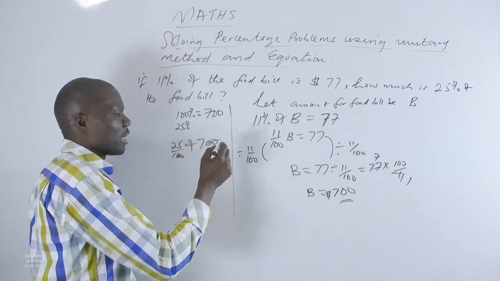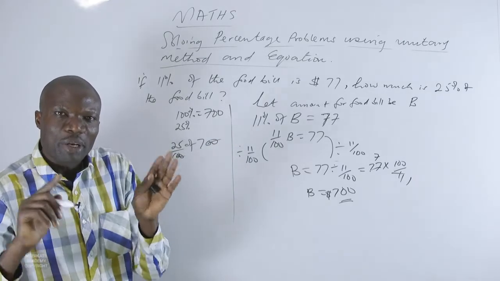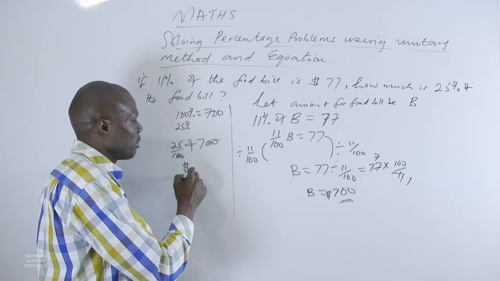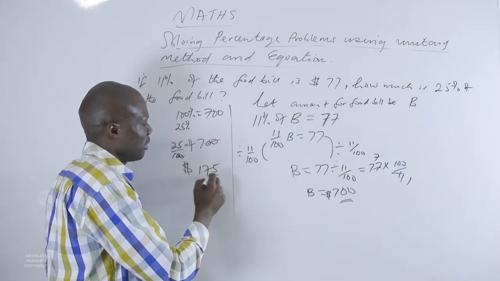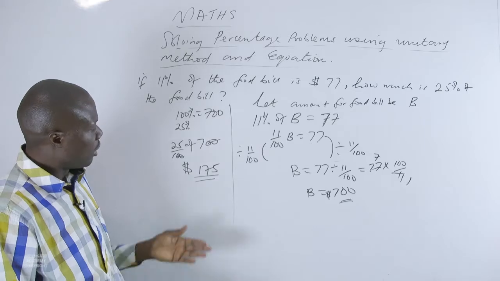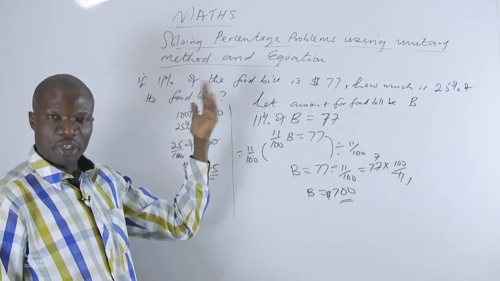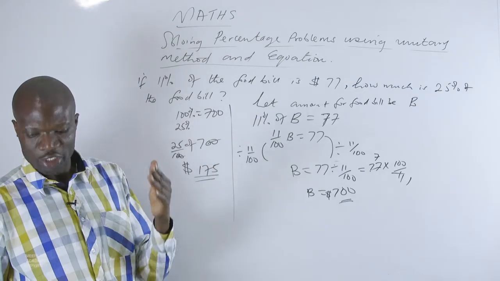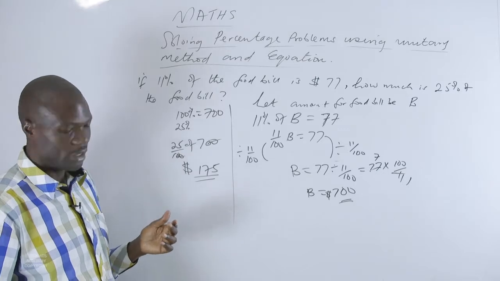So 100 will cancel this, and we will remain with 25 multiplied by 7. And you'll find the number of dollars is $175. So you can use this method, you can use the previous method, but the answer will always remain the same.